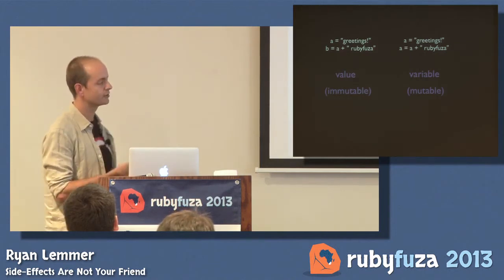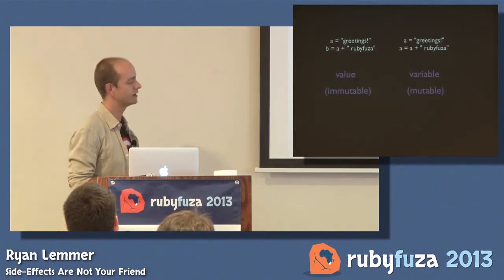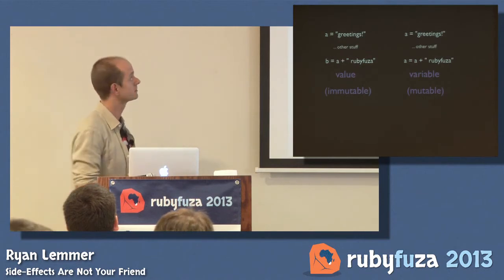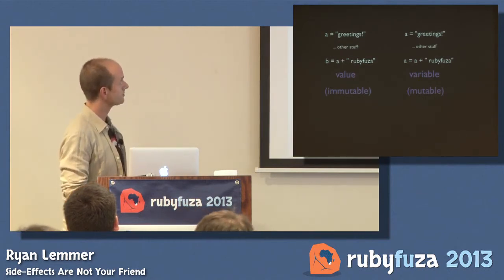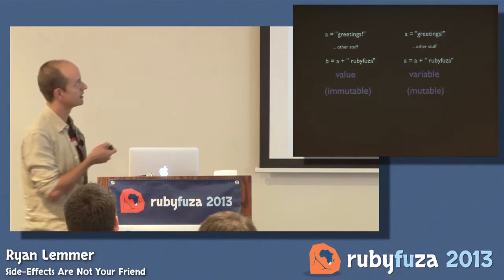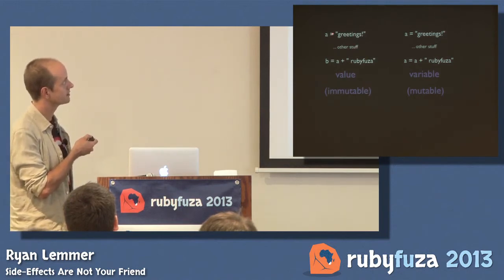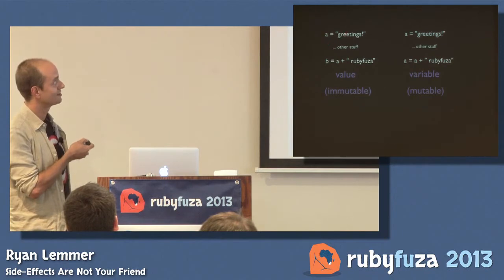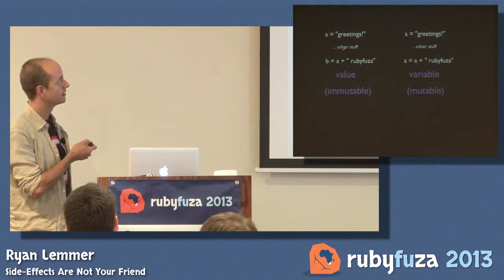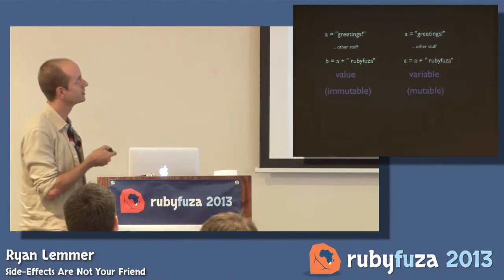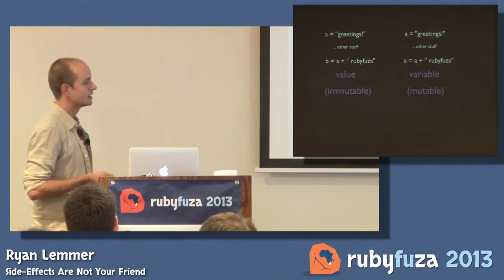So a variable is mutable, values are immutable, which means you can share them. If you look at this, I'm putting some other stuff in between those two statements. So A is named to that string, B is named to another string, and there's some other stuff happening in between those two statements.